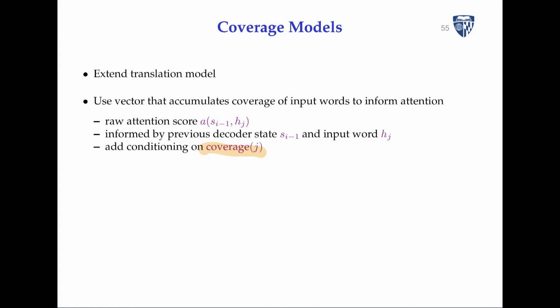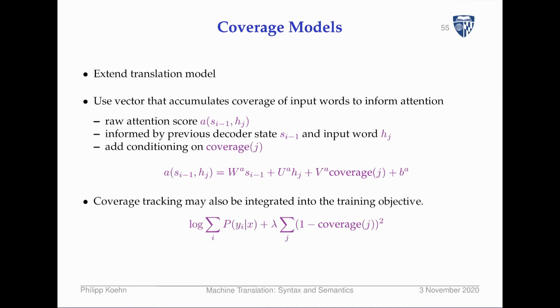That would hopefully move attention away from words that already received a lot of attention before, which is accumulated in coverage. So here's the cost function of that. We can also integrate this coverage tracking in the training objective.